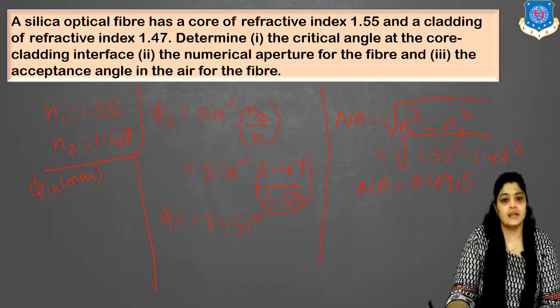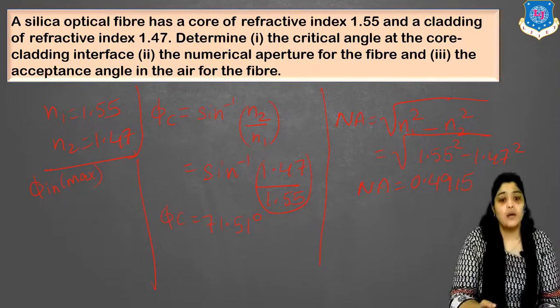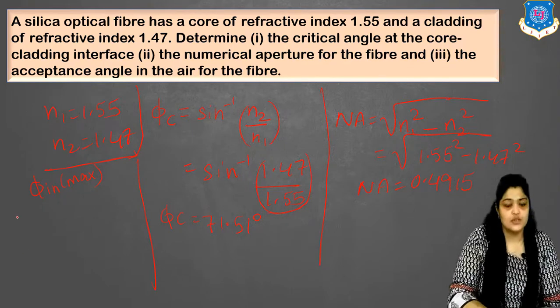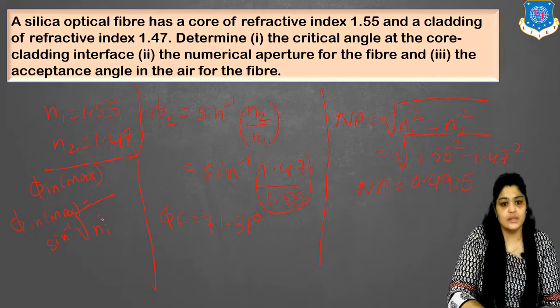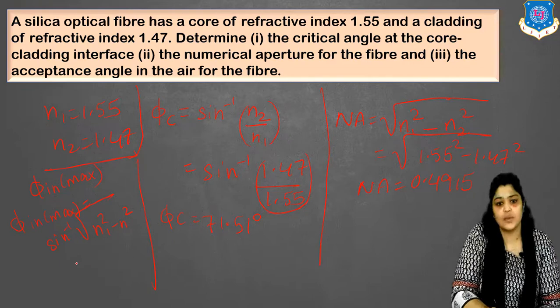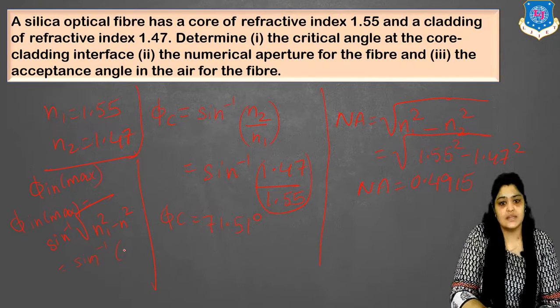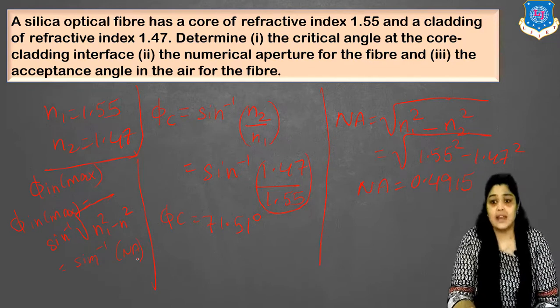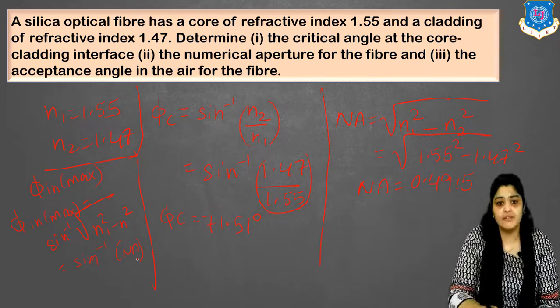Now lastly, we have to find out the value of phi in max. What is phi in max? How do we find out phi in max? So phi in max is equal to sine inverse of under root N1 square minus N2 square. What is N1 square minus N2 square? I can simply write this equation as sine inverse of NA, and NA we already have as 0.4915.